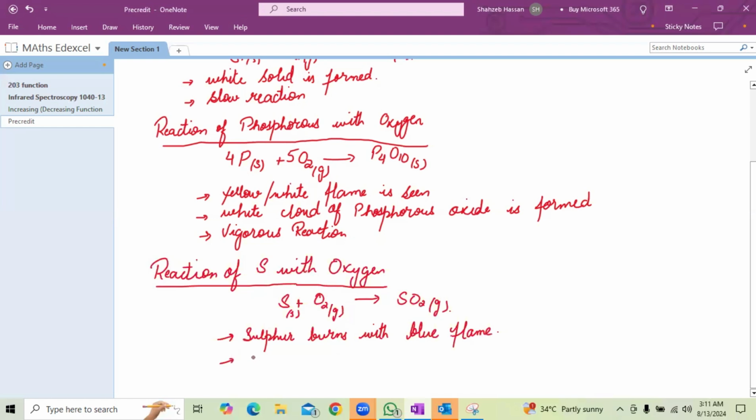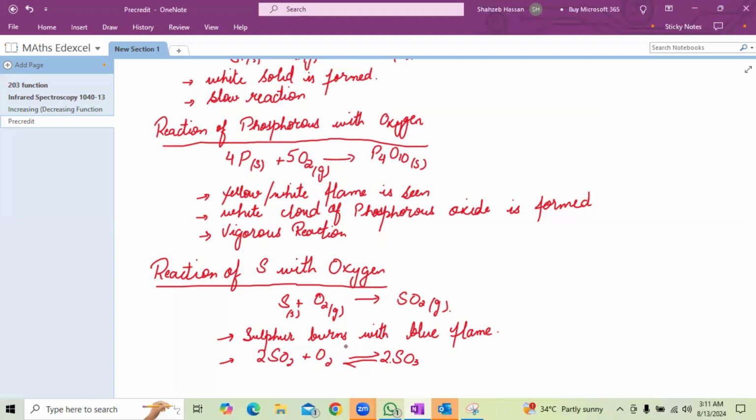And one more important thing, this sulfur dioxide would further oxidize in a reversible reaction. So they are going to form sulfur trioxide. Okay. And now we can balance it like this. And this reaction you have studied in your GCSE during the preparation of H2SO4.